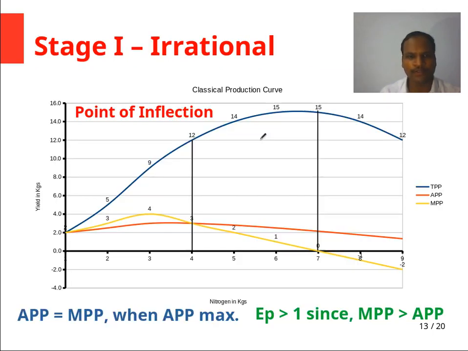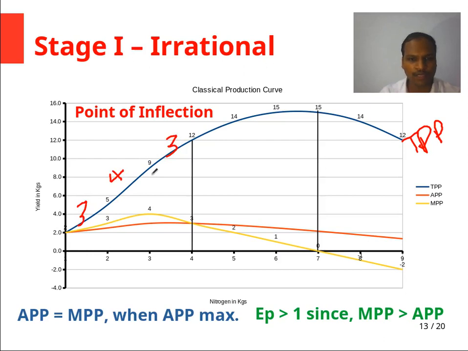So we will see it stage by stage. In stage 1, about TPP individually, TPP is increasing at an increasing rate. For 1 unit change, here 3 unit changes, 4 unit changes, and here 3 unit changes.